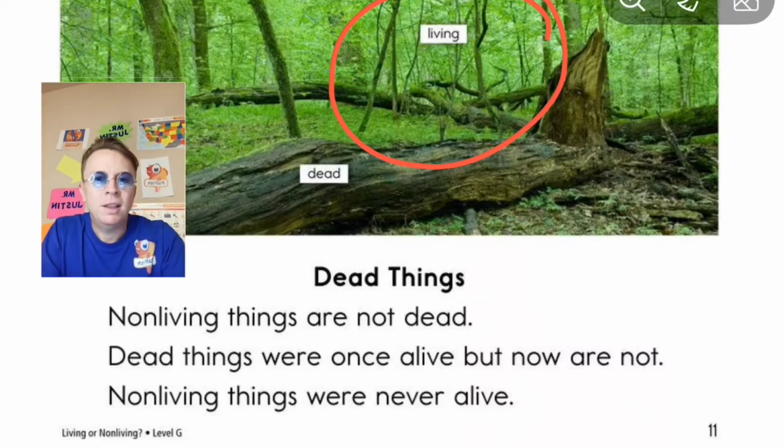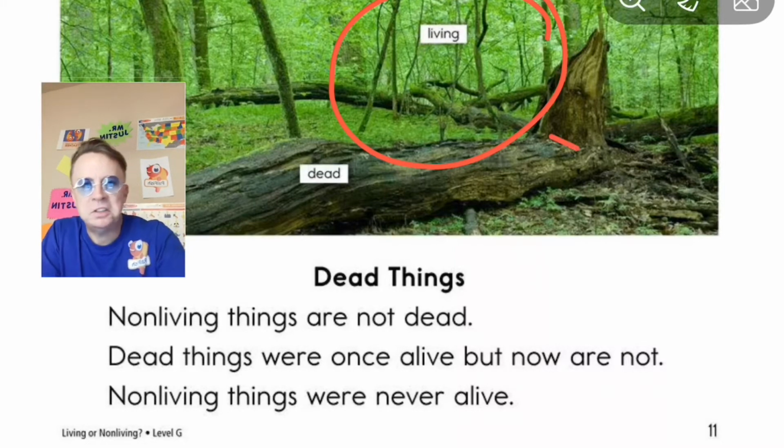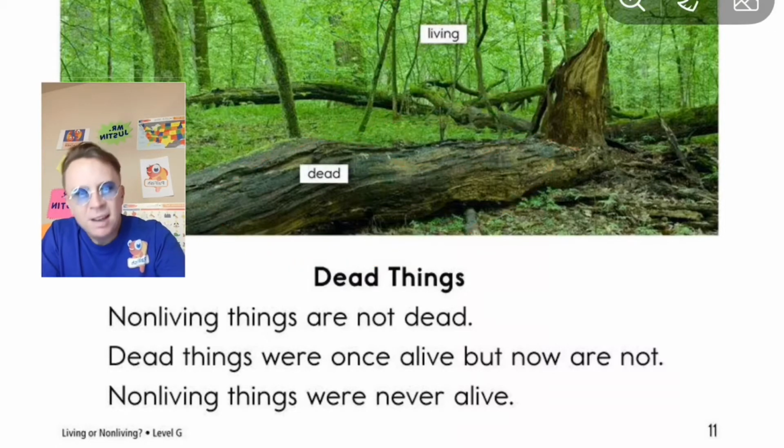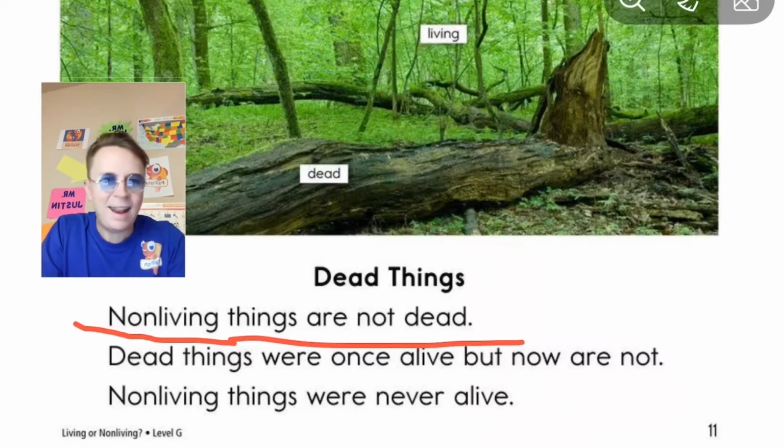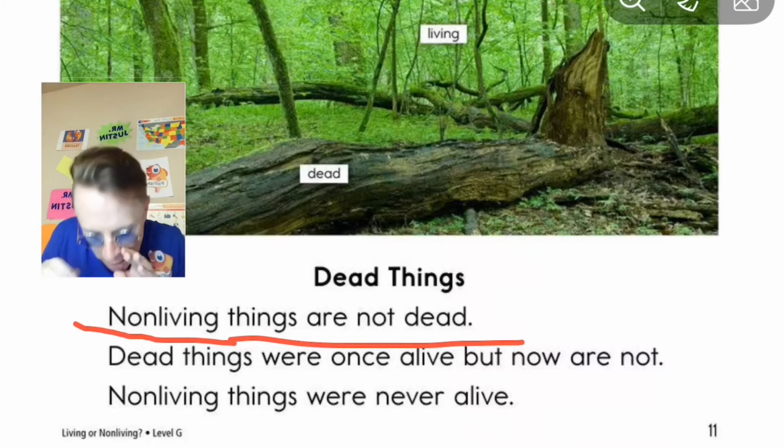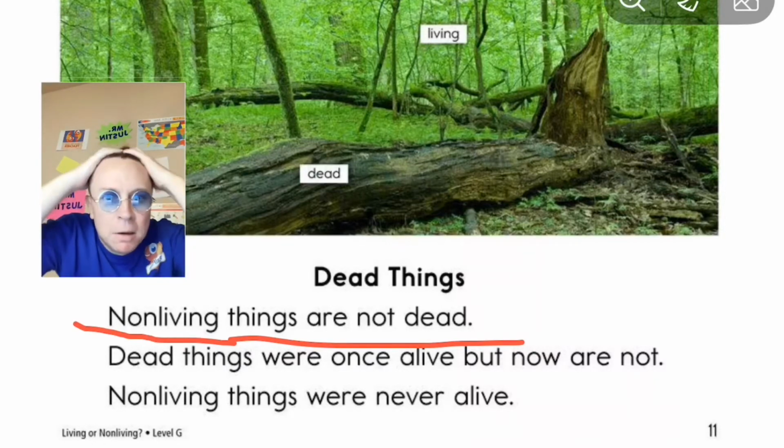Sorry, a bug. That are reproducing themselves. They're alive, but not this dead tree. But here is this very interesting idea that non-living things are not dead because they were never alive.